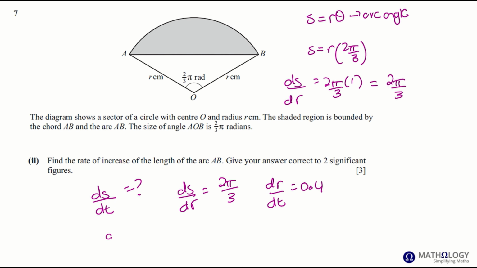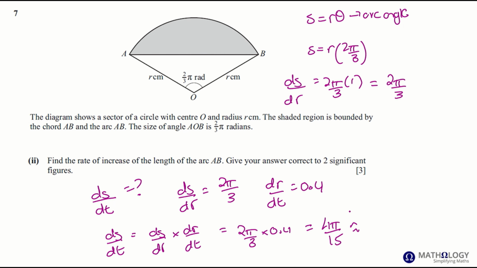So ds/dt equals ds/dr times dr/dt, and that will be 2 pi by 3 times 0.4, which is 4 pi by 15, which is, to two significant figures, 0.8377, 0.84.